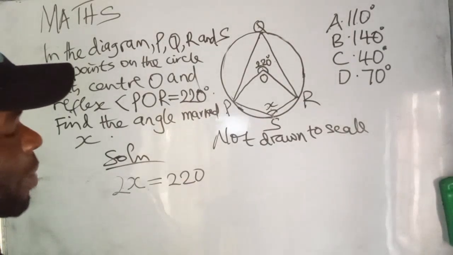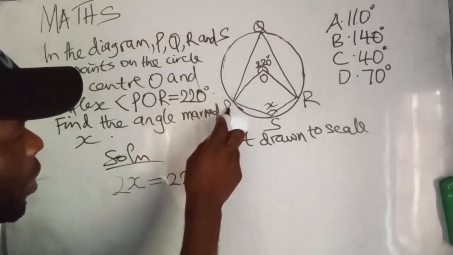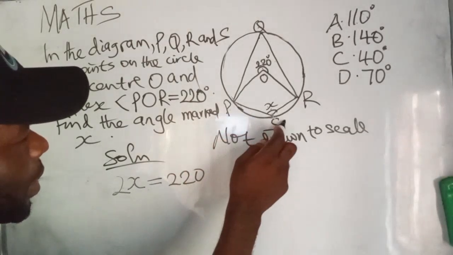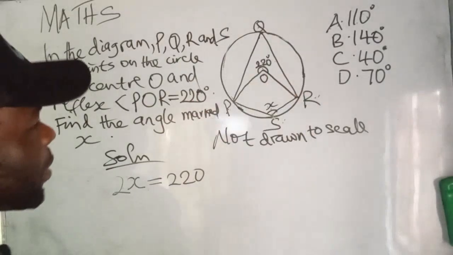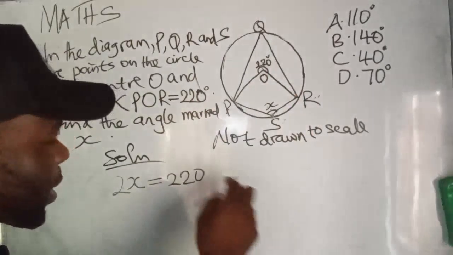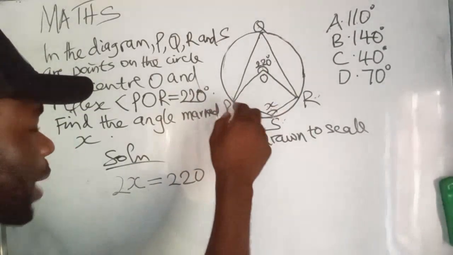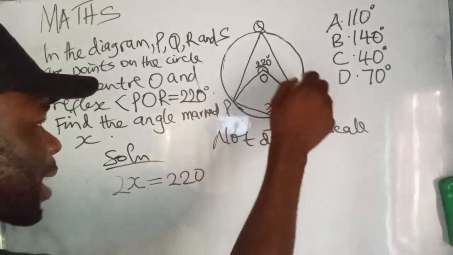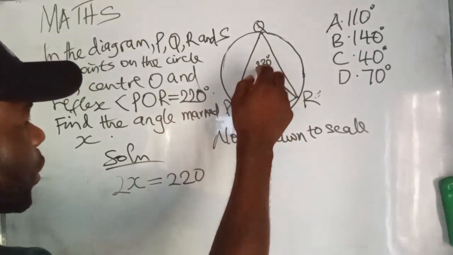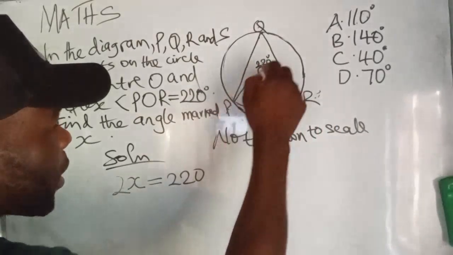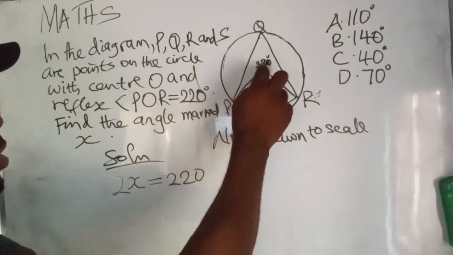So that means angle PSR, which is X, is equal to half of angle POR, which is this 220 degrees.